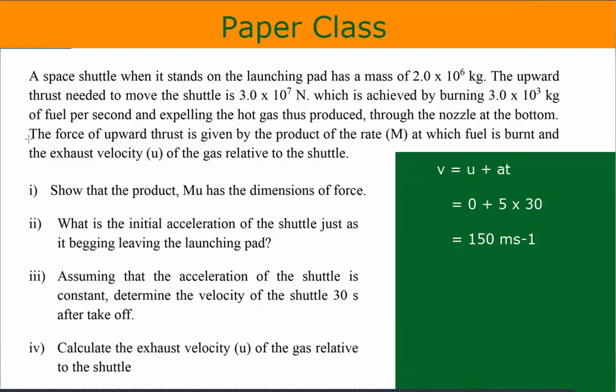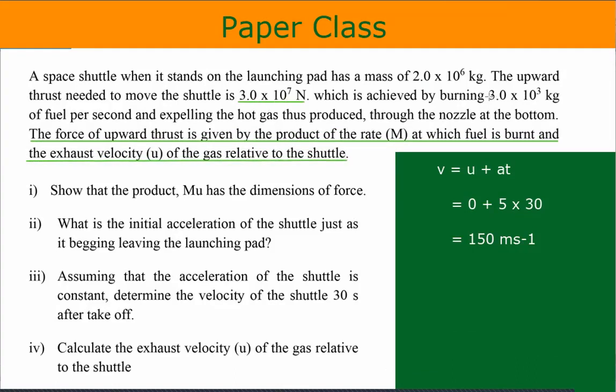The upward thrust is given by the product of the rate capital M at which the fuel is burned and the exhaust velocity of the burned gas relative to the shuttle. So they have given us the force.